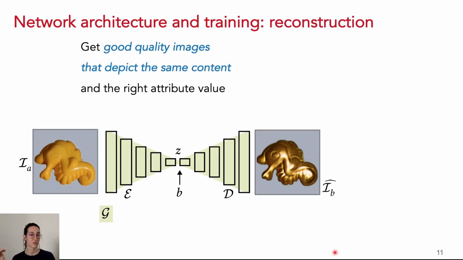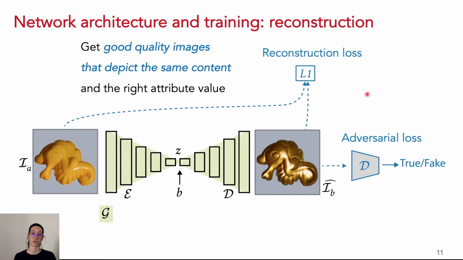These are very standard objectives for any generative network, so we use the same losses as many of them, namely a reconstruction loss to ensure that we're able to reconstruct the initial image when given the same perceptual attribute, and an adversarial loss that guarantees that our images are indistinguishable from real ones, meaning they are of good quality. I don't want to go any further into details on this because, again, these are standard losses for reconstruction.